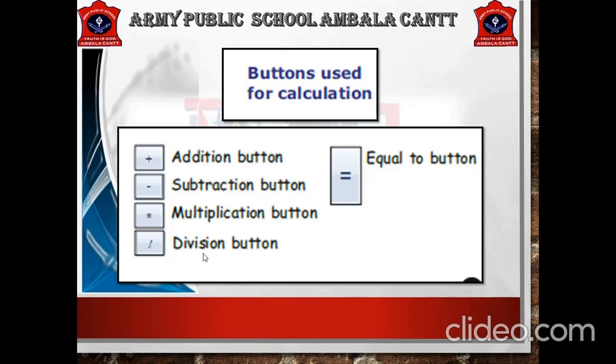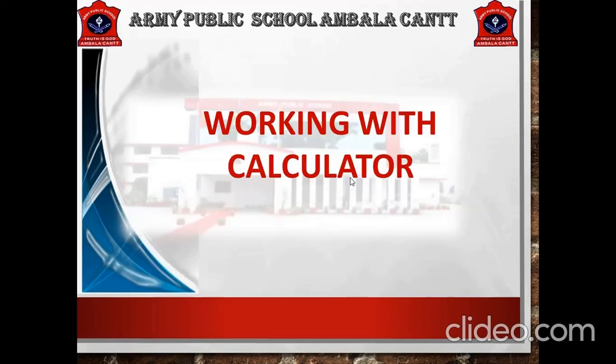Slash, this is used as division button. In some computers, it is used as division sign also. Equal to button, this is used to get the result. So now we will learn how to work on calculator in a computer.